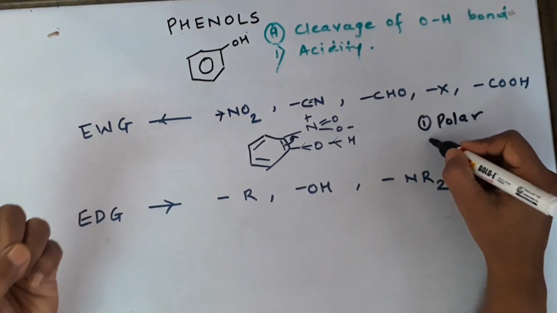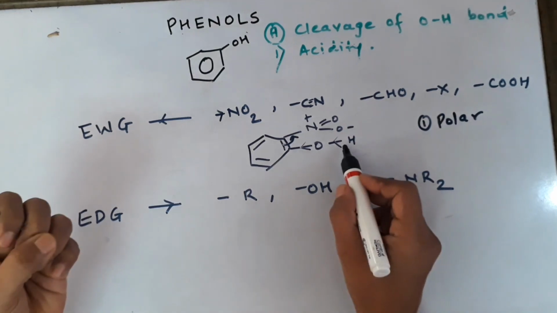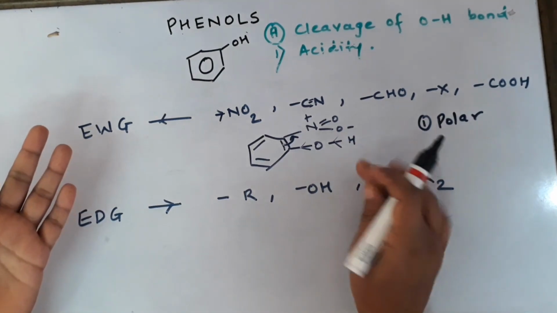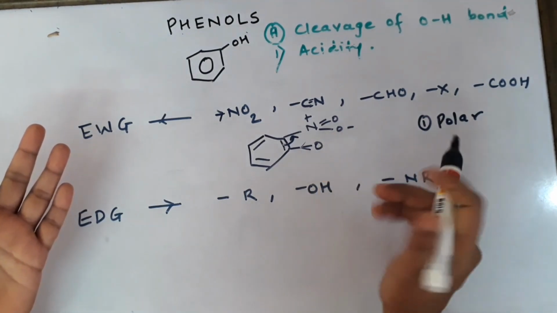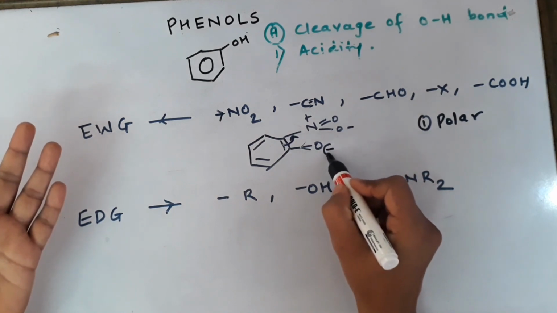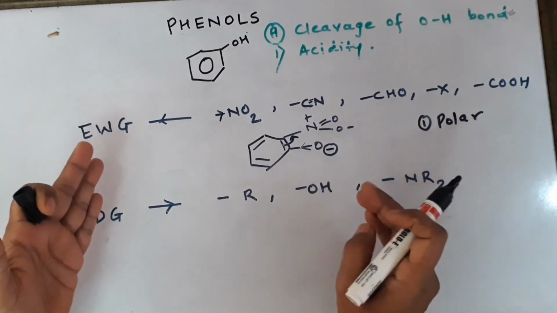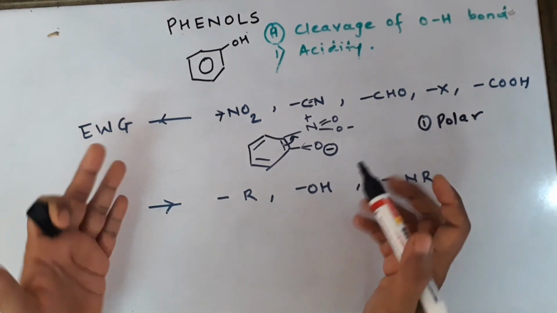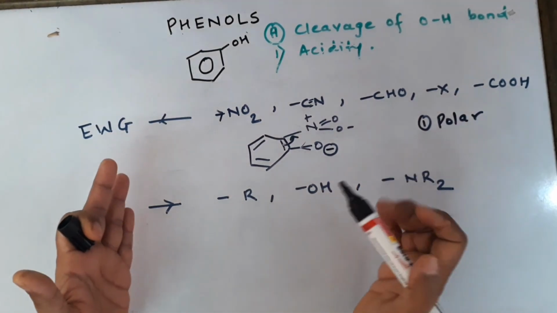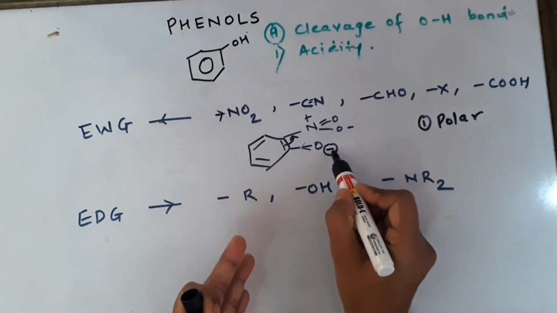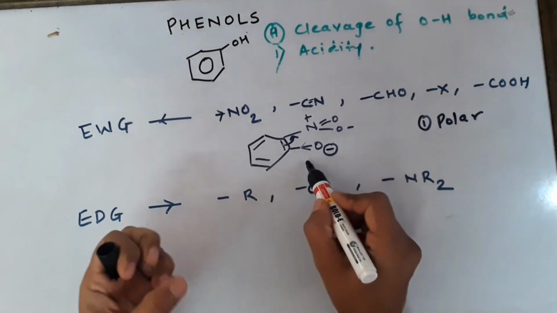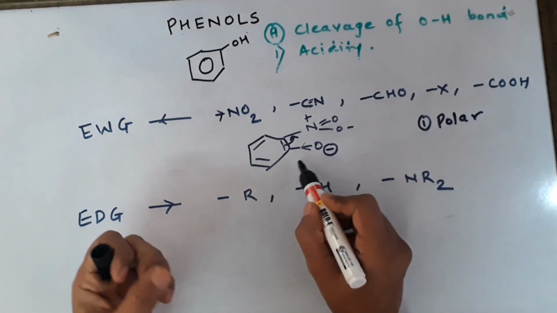And the second point is that once the proton is released out like this, you will get a phenoxide ion, isn't it? So the conjugate base which you are getting after the release of proton, is it going to be stable? If you see, is the negative charge getting removed or is it getting dispersed?